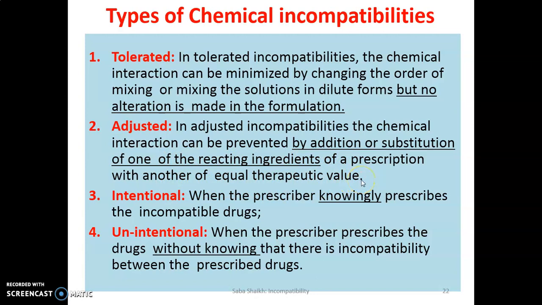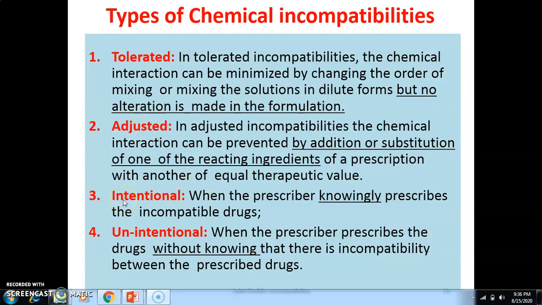Here, the pharmacist has the freedom to choose any of the reactant substances, meaning the substance causing the chemical incompatibility. So if there are two components which react with each other and form a harmful product, one of the reacting substances can be added or substituted by the pharmacist to avoid the incompatibility. That is called adjusted chemical incompatibility.